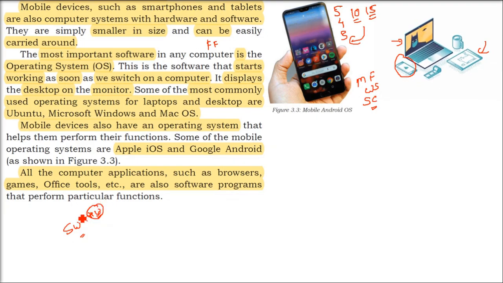The hardware has electronic devices. Software instructs the hardware devices to do certain things. For example, the processor. The processor is the main processing unit inside this. So the key software is the operating system. For example, in your house, your mother is earning, so she is the operating system.